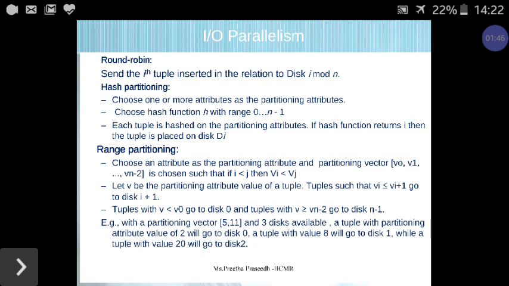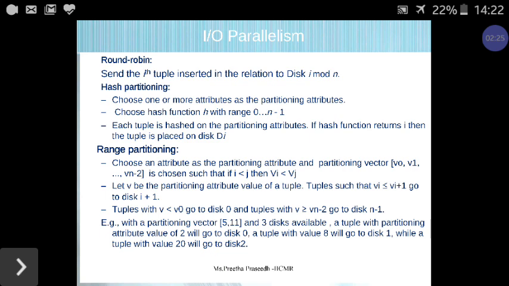Next is range partitioning. Here we make separate range values, that is, a partitioning vector, on the basis of a particular partitioning attribute. For example, considering voters, with age limits like 18, 25, 50: 18 to 25 will go into one partition, 25 to 50 into a second partition, and age 50 and above into the third partition.